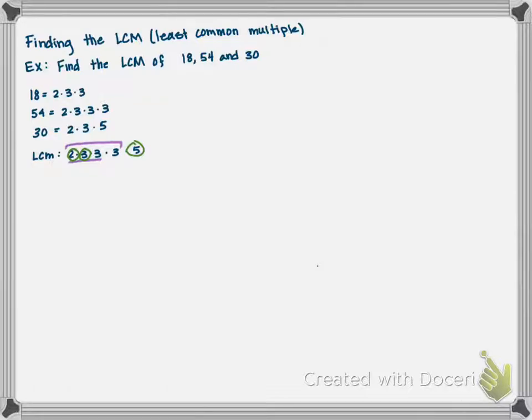And then we know that it's the least common multiple if we don't have any extra factors in there that we don't need. If we had an extra factor of 3, we don't need it in order to contain all of the factors from each of our numbers. That's how we know it's the least common multiple.